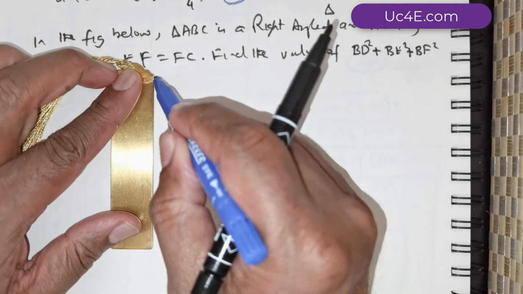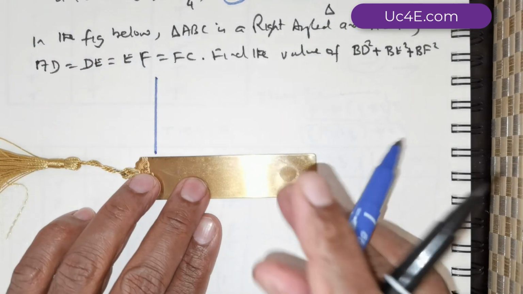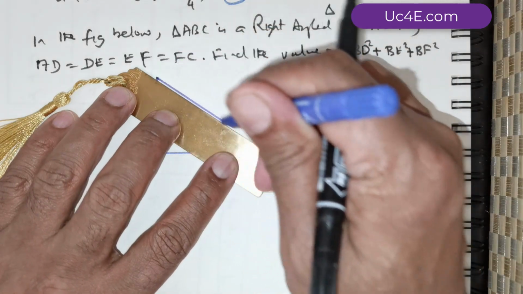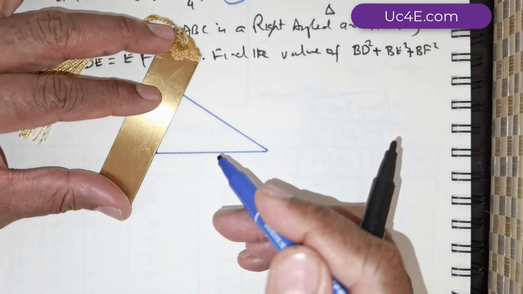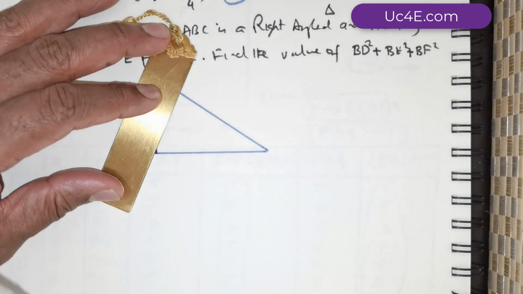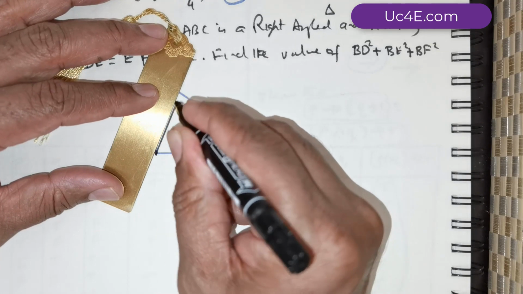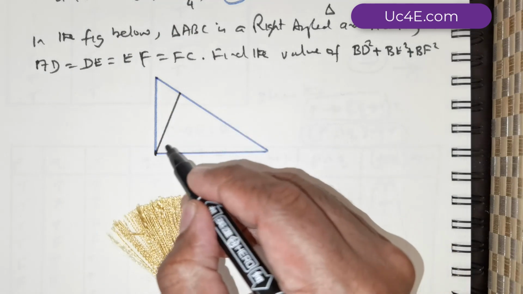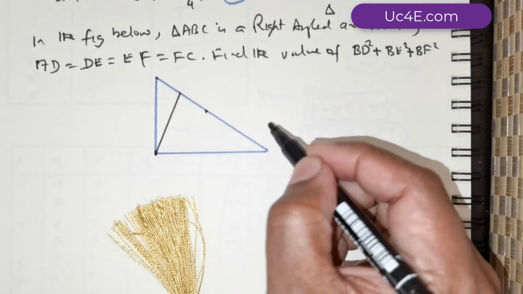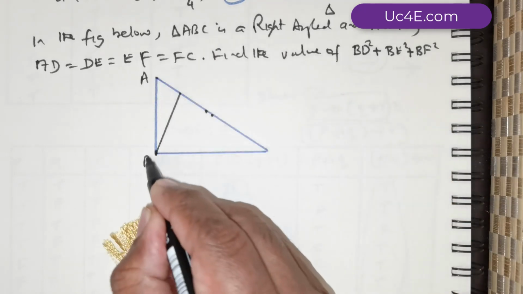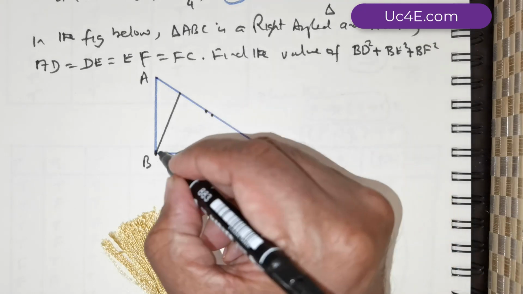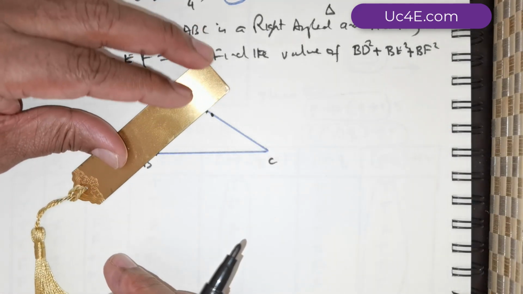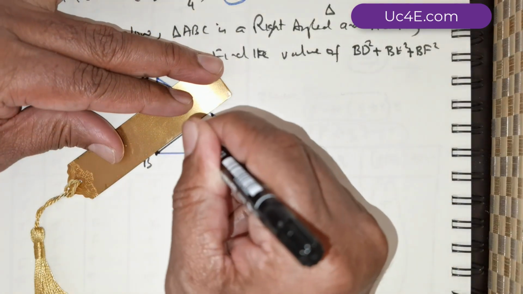The figure is given in this fashion. So you have BE, which actually divides, so this is A, B, C, and this is a right triangle, so this E is at the center.